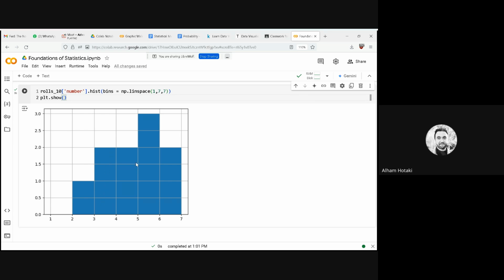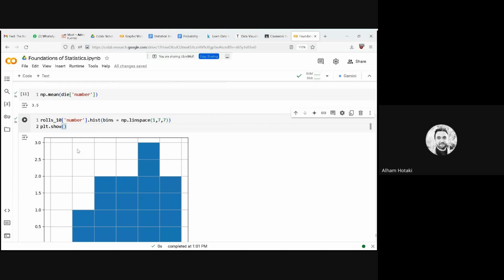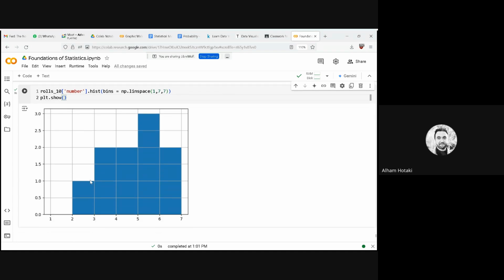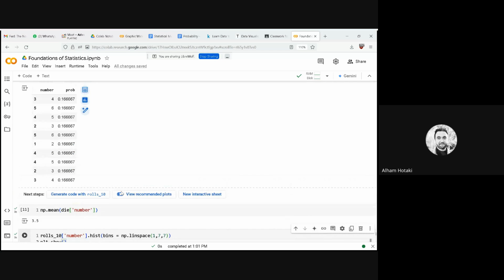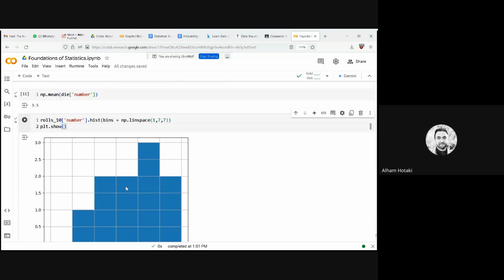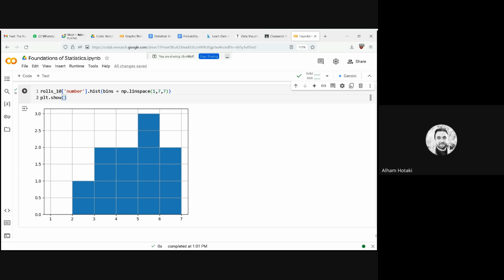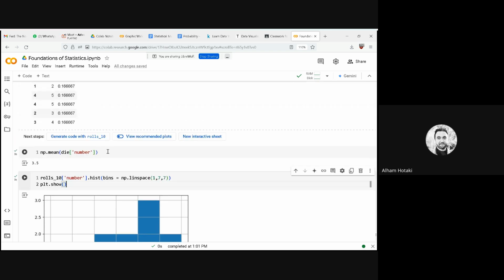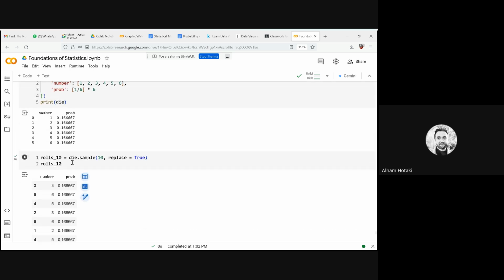So this is how the appearance and probability of different numbers is shown in this histogram whenever you're rolling a die. This is the theoretical expectation, and this number is actually very close to it.